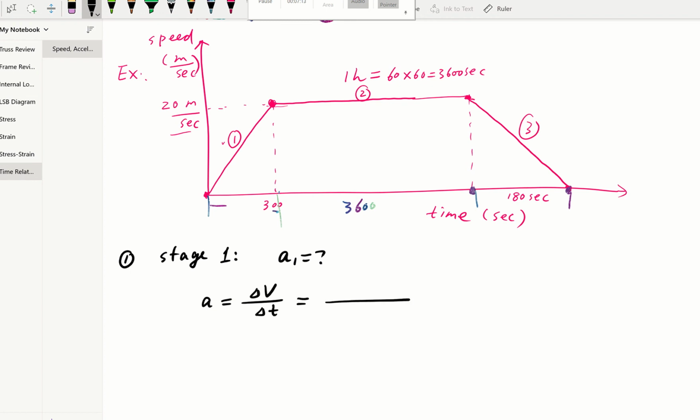And what's going to be the final speed? The final speed is going to be this point, that's 20 meters per second. The initial speed is right here, 0. And how long does that take? That takes about 300 seconds.